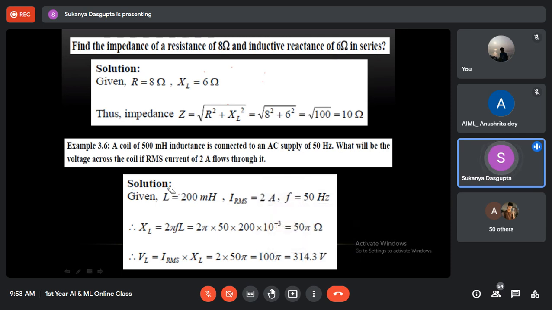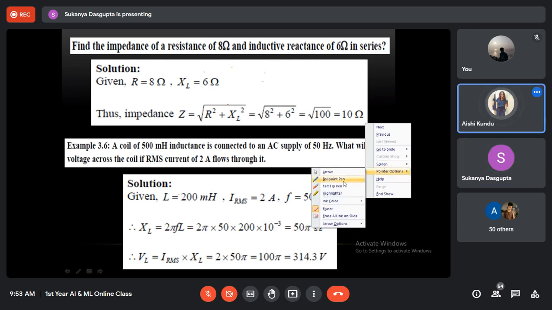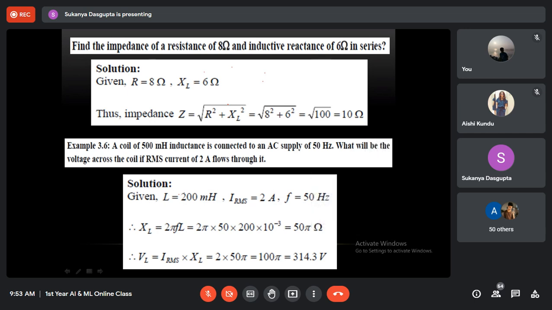So with 500 millihenry, what is the value of XL coming? 170 ohm. Yes, ma'am, I am getting 171.